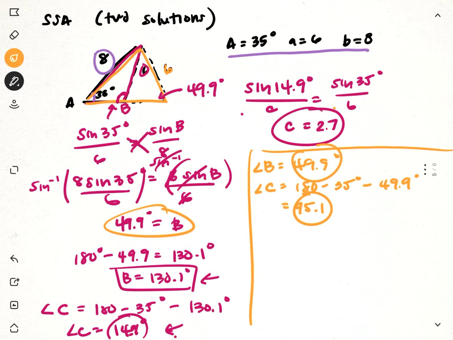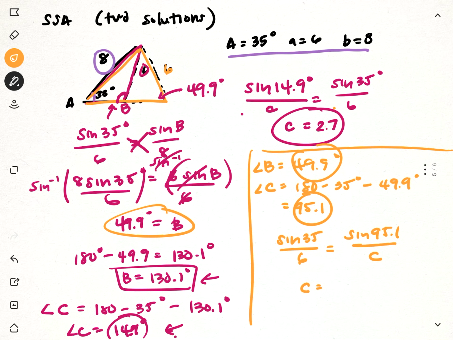And then we'd use that C now to solve the missing side C, which now should be a lot longer. So let's do sine 35 over 6 equals sine 95.1 over c.